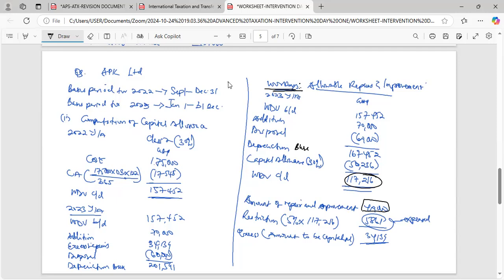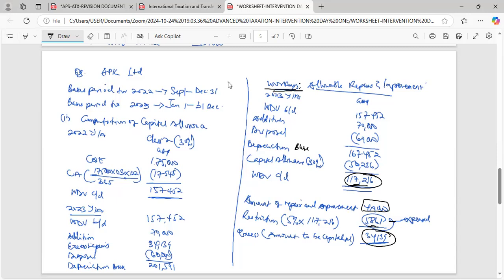There was a disposal in 2023. You consider all of them to know the written down value at the end. This is where you find the 5%. The 5% of the 117,216 will give you 5,861. It means that this is the amount that can be expensed. The excess is 34,139. This amount will be capitalized.